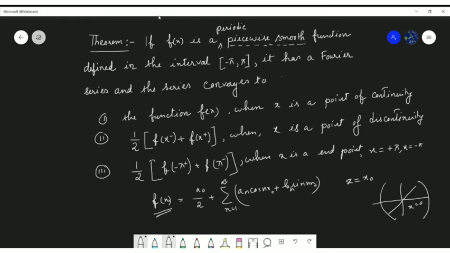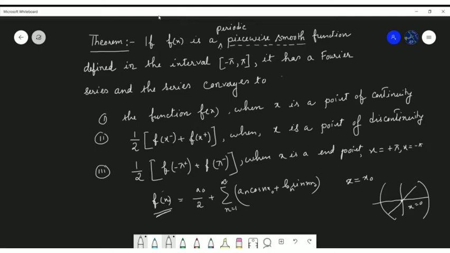Because in the previous example we have seen that when x is 0, which is a point of continuity, the function value gave the value of the summation, meaning our Fourier series converged to the function value at x equal to 0.